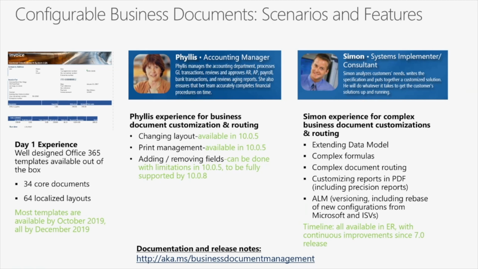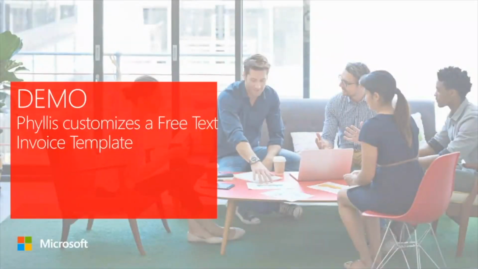So basically we provide these business documents like invoices, packing slips in Office templates out of the box, so you can get them and start using them. For example, if you are fine with the standard template which we provide, you can just use an Excel template instead of SSRS out of the box. And for templates, because they're not code, we will be delivering them in several phases, but most of them will be available as of October.